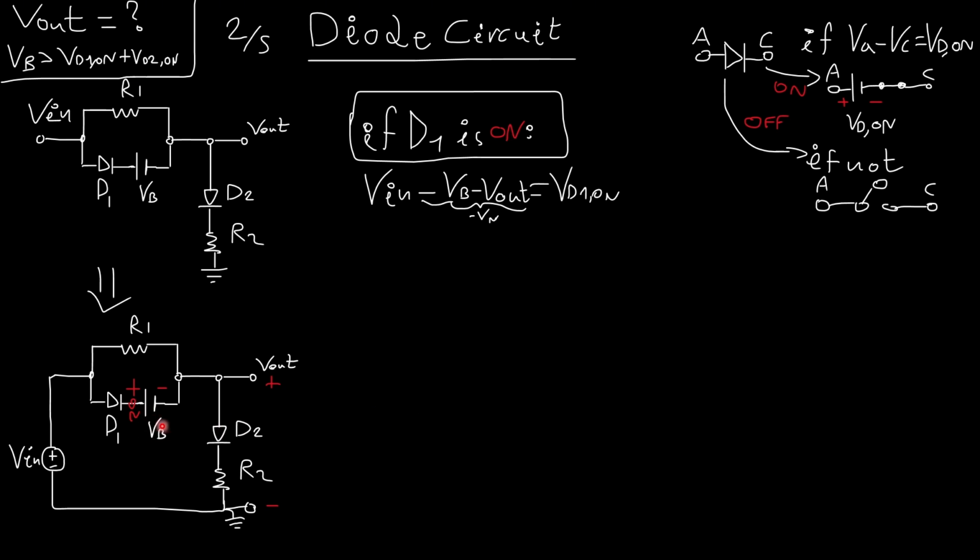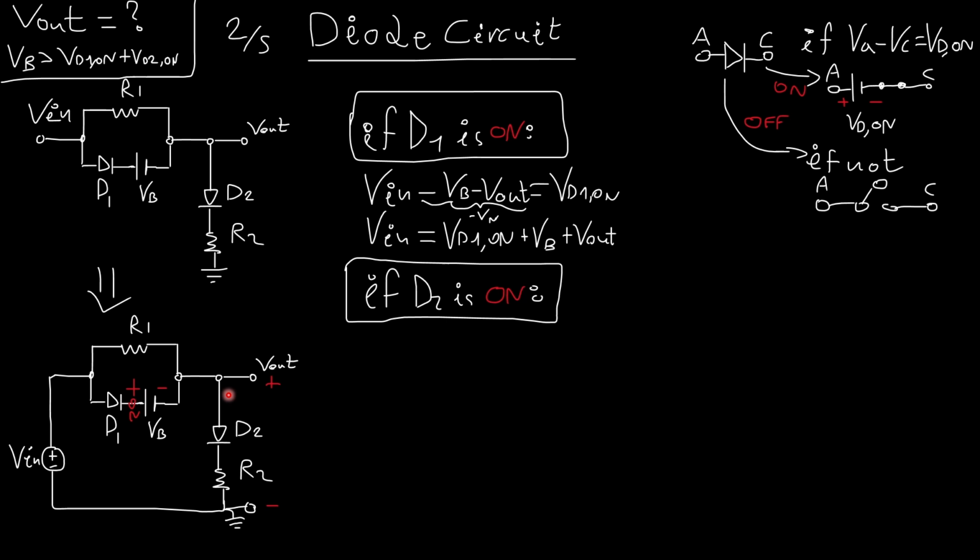Right? It's not just Vb, there is also voltage here. Alright. Now if I sharpen things like this, I would have a relationship between the input and the output from this equation. This says to me that in order for this diode to be on barely, the input voltage must be equal to Vd1 on plus Vb plus whatever voltage is here. Alright?